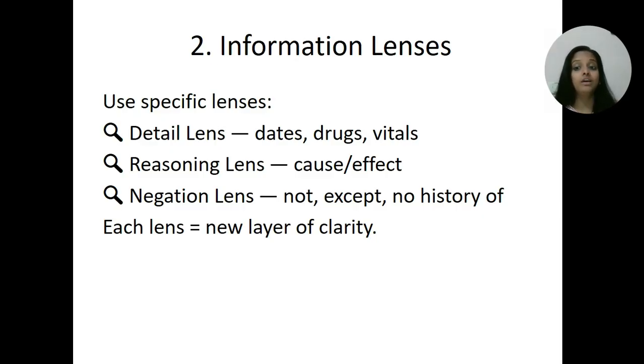The second one, the reasoning lens: try to find the cause and effect, like symptom, diagnosis, all these things. And the third one is the negation lens: words like not, except, no history of. So these are traps which you need to be aware of. Now put on one lens at a time. Don't try to mix them. It's like switching between X-ray, MRI, and lab reports. Each gives different insights, isn't it?